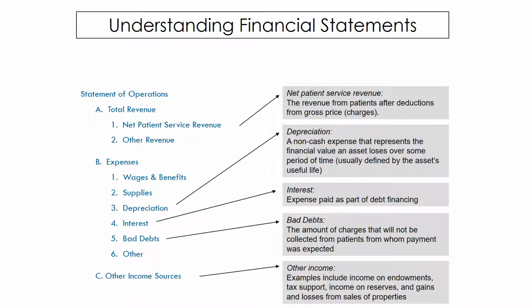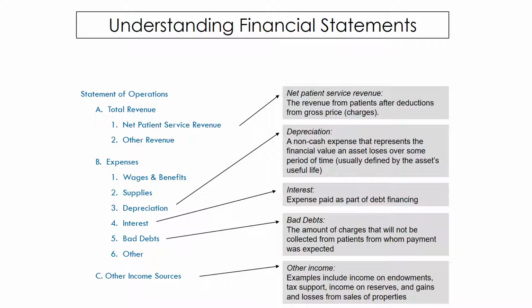It's sometimes difficult for people to understand, but this isn't actually cash out the door per se. The hospital didn't write a check for that building. Instead, it's an accounting value that's been assigned to that building as an asset, and you expense it over time is what depreciation allows you to do.